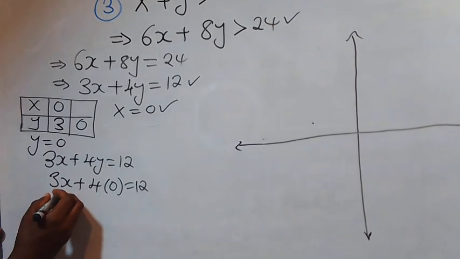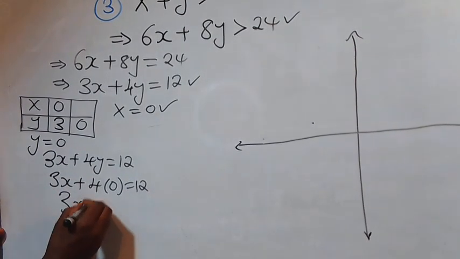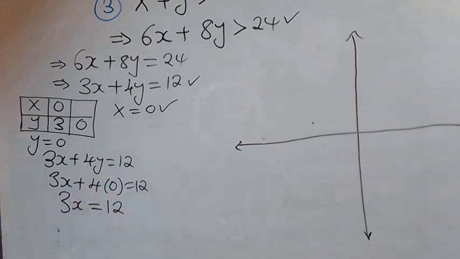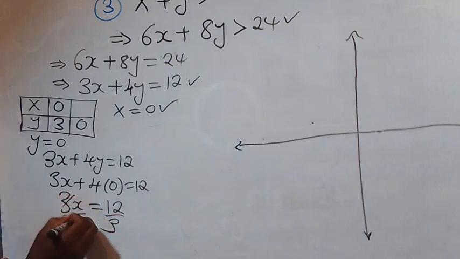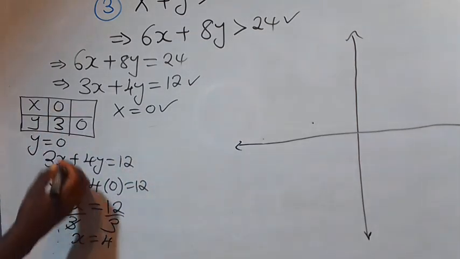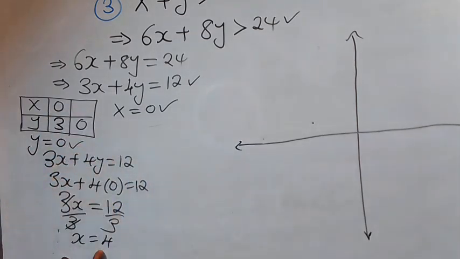So from there, 4 times 0 is 0, so you just ignore that. Then you divide both sides by 3, and you'll be able to get 4. So when our y is 0, our x is 4. So from there, now we can go back to the graph.